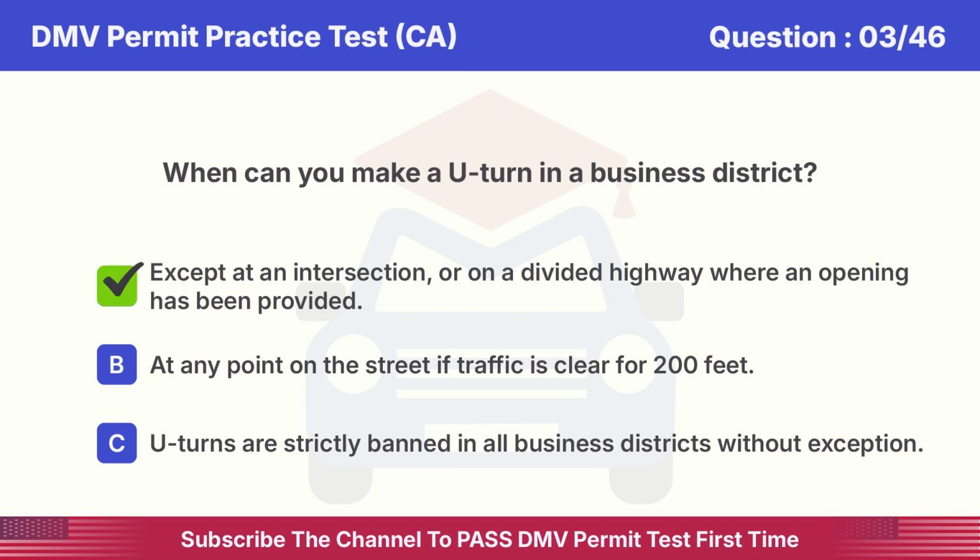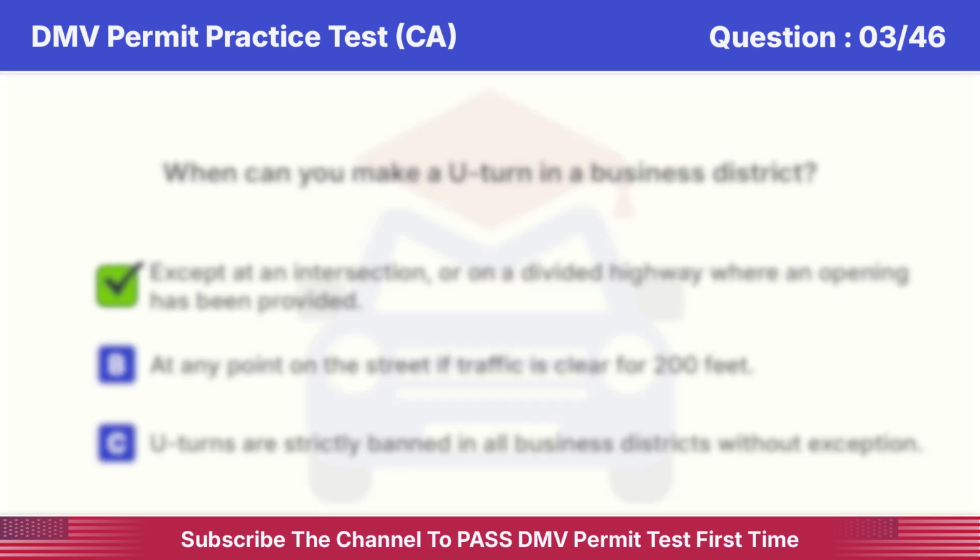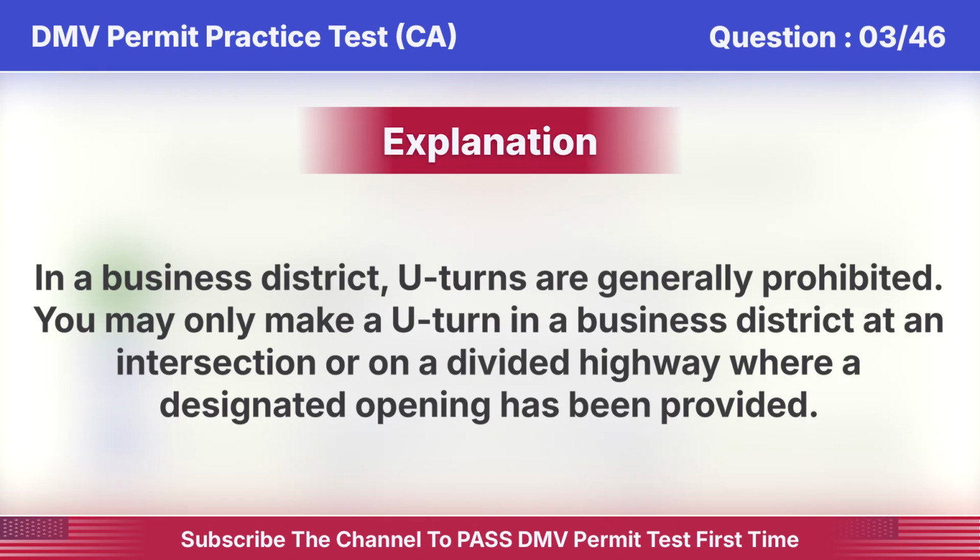Answer is A, except at an intersection or on a divided highway where an opening has been provided. In a business district, U-turns are generally prohibited. You may only make a U-turn in a business district at an intersection or on a divided highway where a designated opening has been provided.